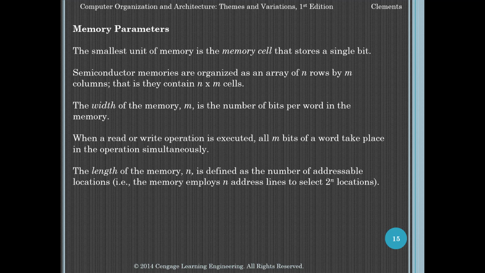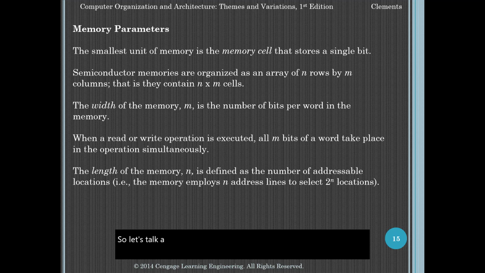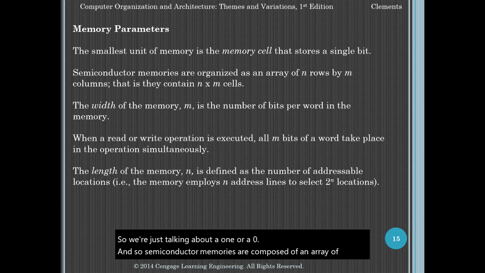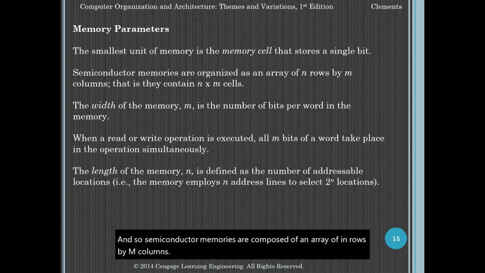So let's talk a little bit about memory parameters. The smallest unit of memory that we can have is the memory cell that stores a single bit. So we're just talking about a 1 or a 0. And so semiconductor memories are composed of an array of n rows by m columns. And so we can say they contain n times m cells.